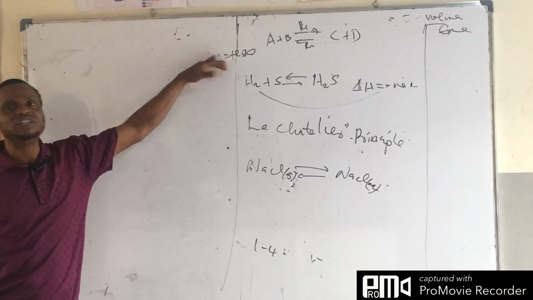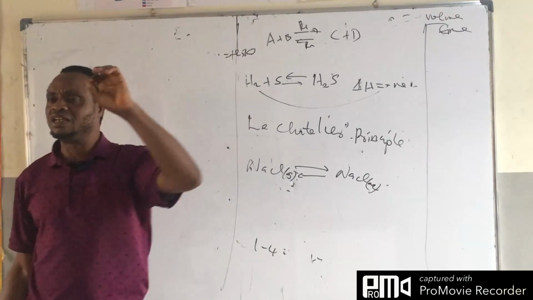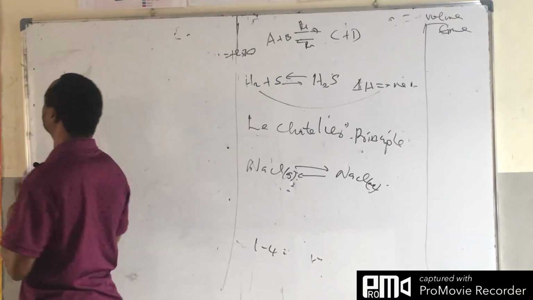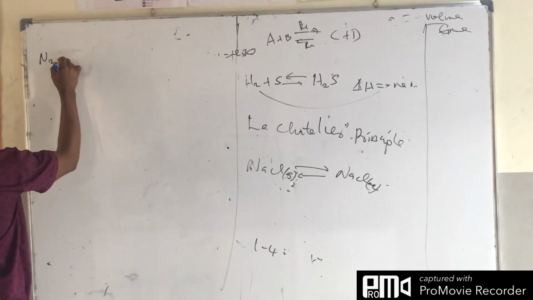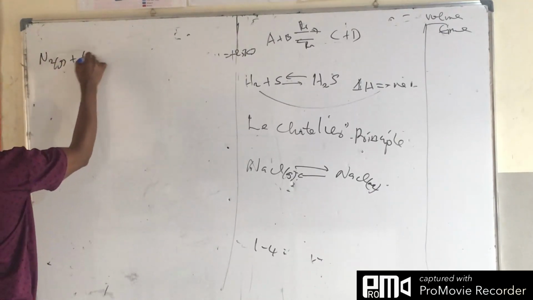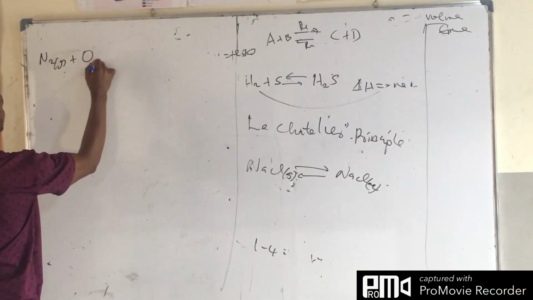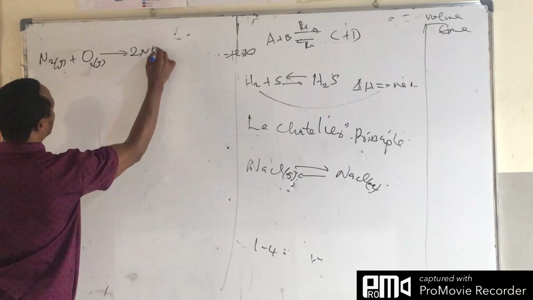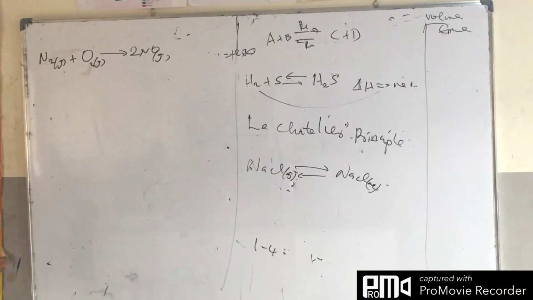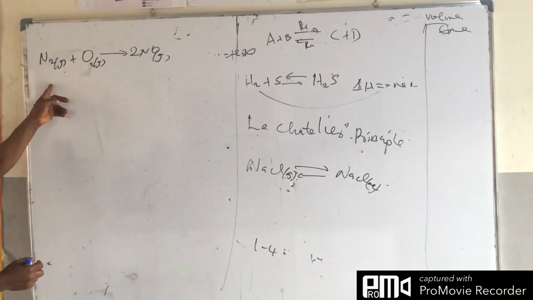So they will give you an equation, and you are to identify the constant. For example, I have N2 gas plus O2 gas gives us 2NO gas, and we'll be asked to write the equilibrium constant of this reaction. That's Kc. Now, what we have there is that it is always balanced.